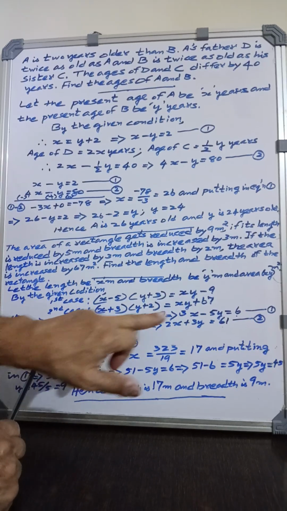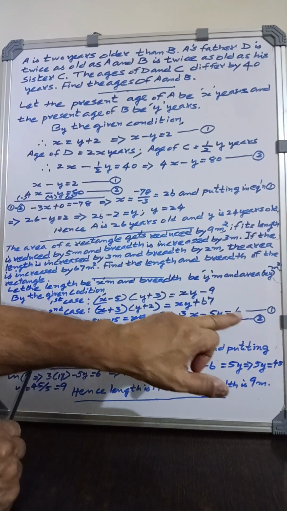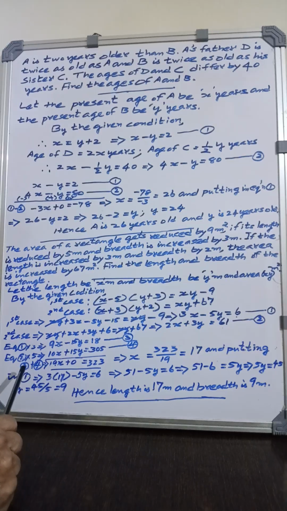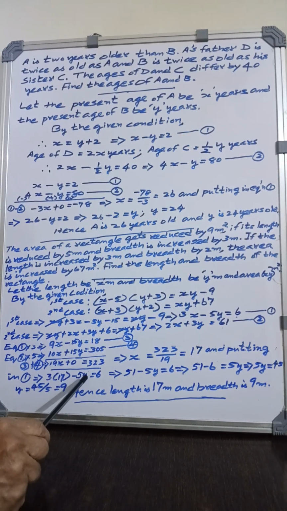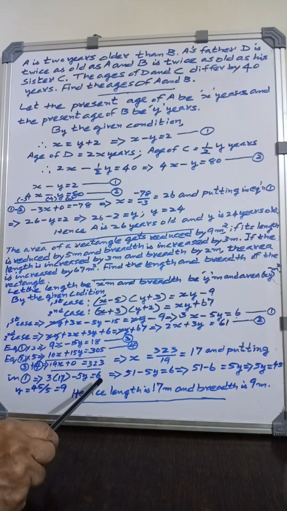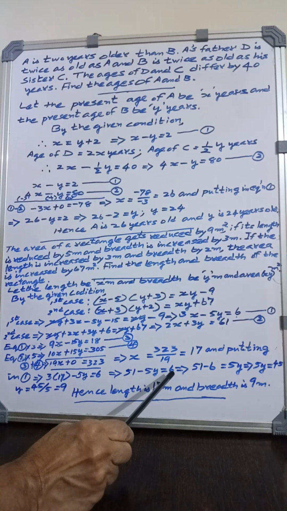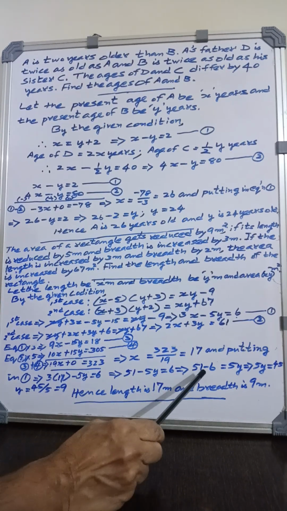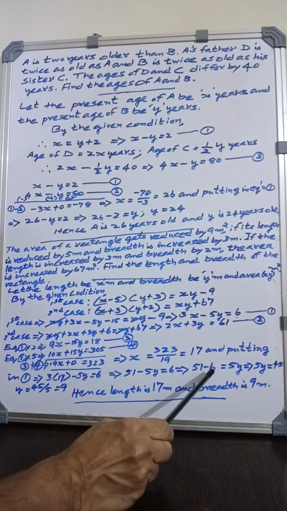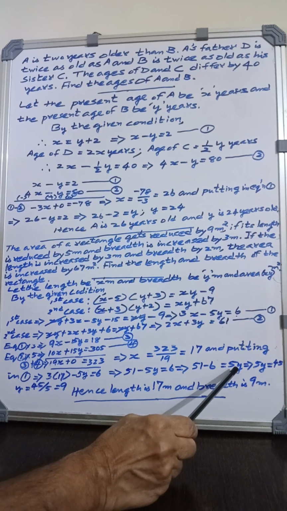And putting in equation 1, the first equation gives 3x minus 5y equals 6. There, 3 into 17 minus 5y equals 6, that is 51 minus 5y equals 6. 51 minus 6 equals 5y.